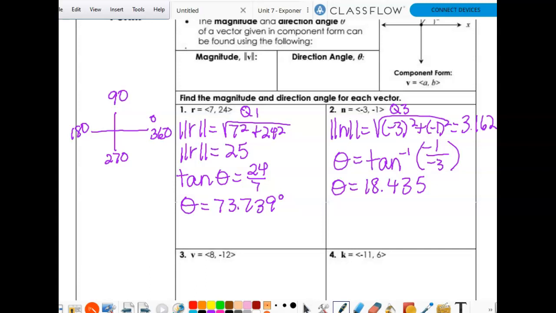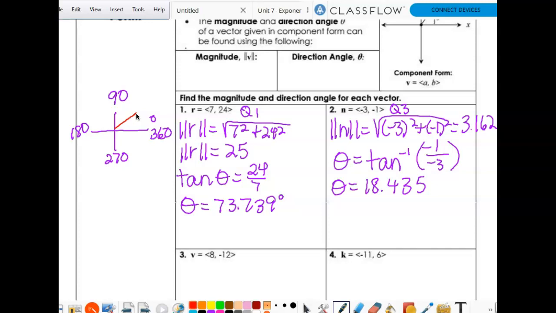No, I got 18.435. Okay. So 18.435, y'all, which quadrant is that in? It's in this quadrant right here. But which quadrant do I want to be in?